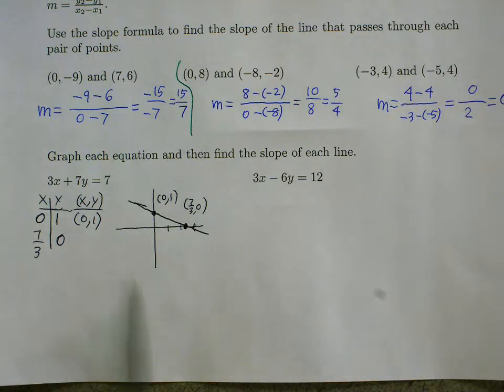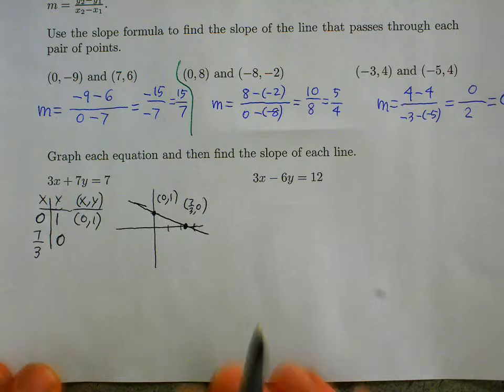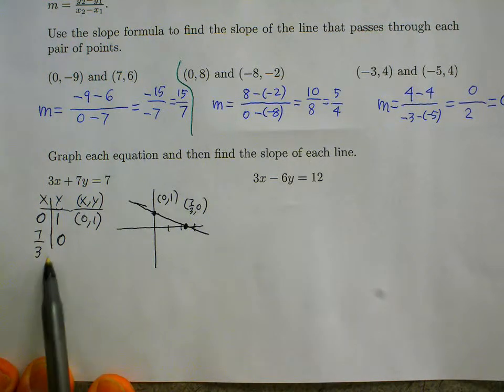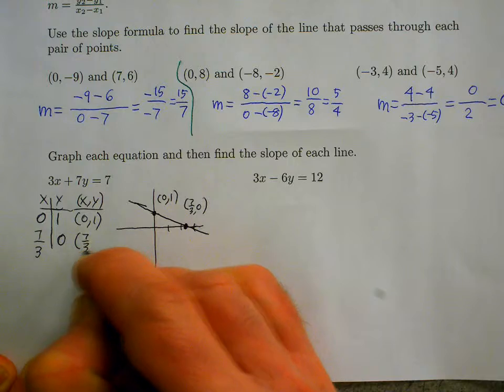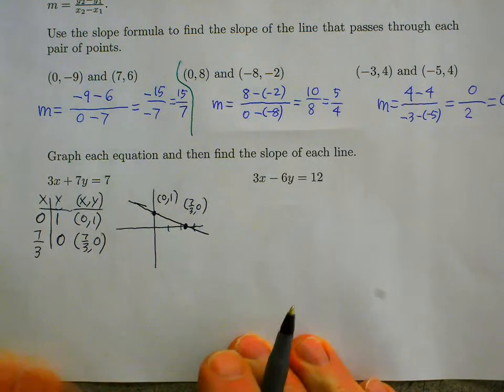So if you do the arithmetic to find the slope and don't come up with a negative number, if you come up with a positive number instead, then that's one of those warning signs. Something isn't correct. Either the graph is incorrect or the computation of the slope is incorrect. Okay, but let's use the ordered pairs 0, 1, and 7/3, 0 to find the slope.